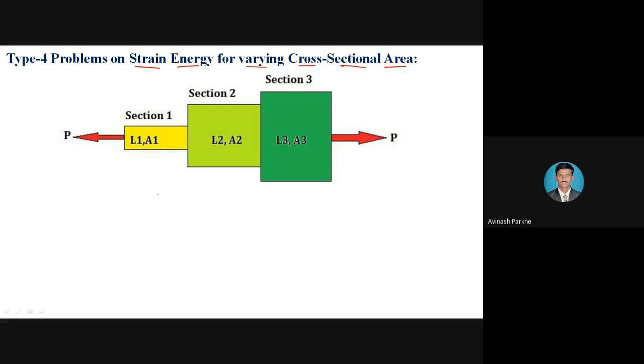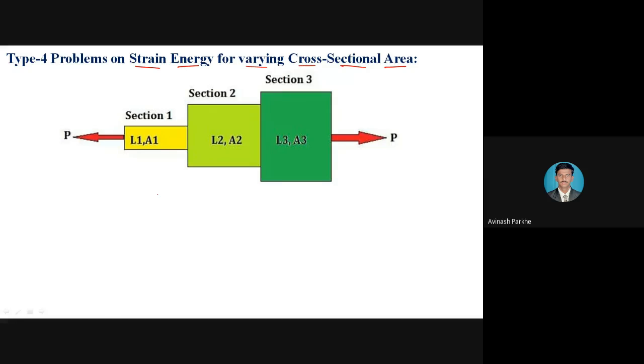Up till now, in the problems we solved in type number 1, type number 2, and type number 3, the body given was a single body. That means only a single bar is given, and the strain energy we calculated was for that single bar only.